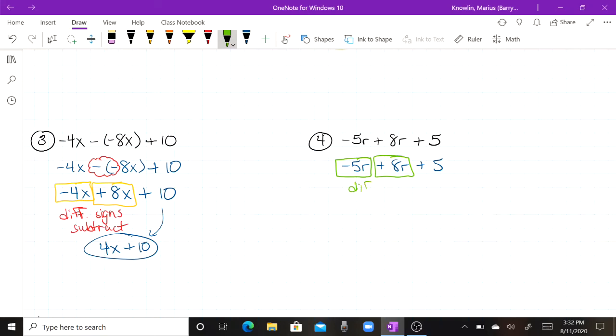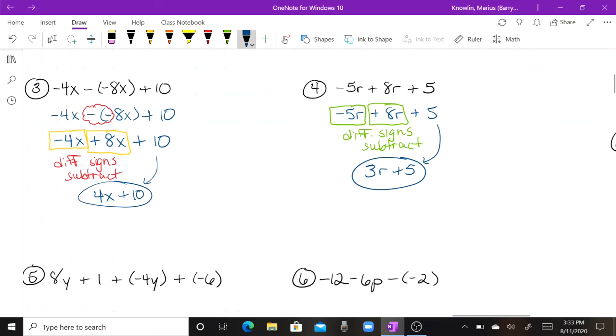These are different signs, and different signs mean to subtract, and we always keep the sign of the larger number. 8 minus 5 is 3. So that's going to give us 3r, and the reason it's going to be positive is because look at the larger number. The 8 is larger and it's positive, so it's going to be positive 3, and then we bring down that plus 5. So our final answer is positive 3r plus 5.